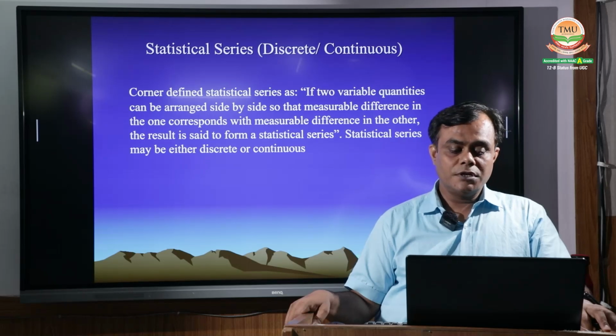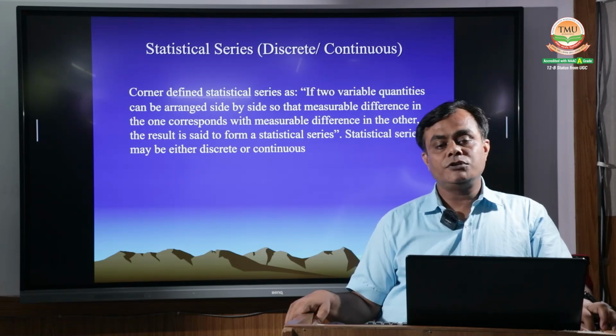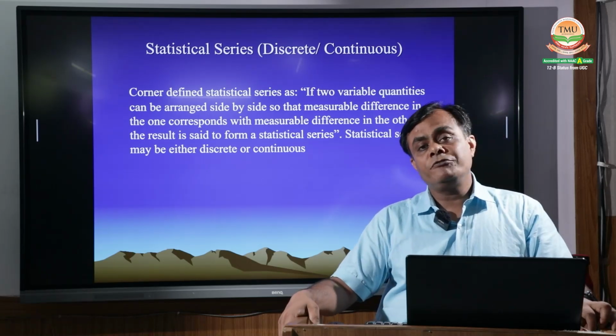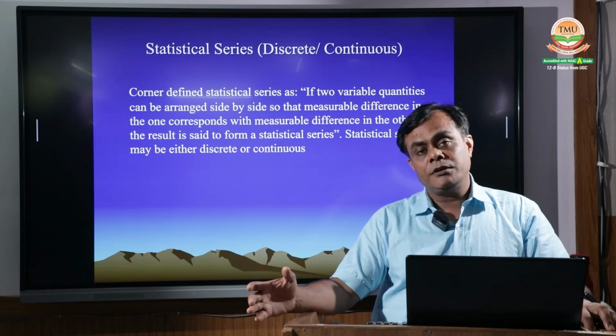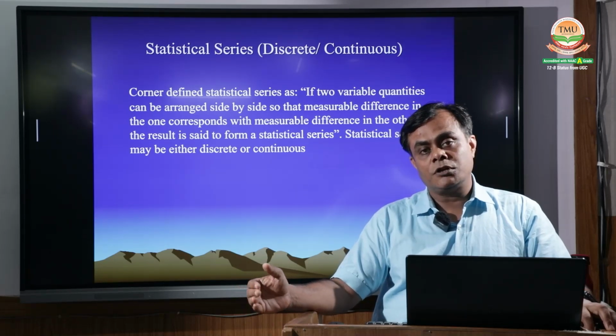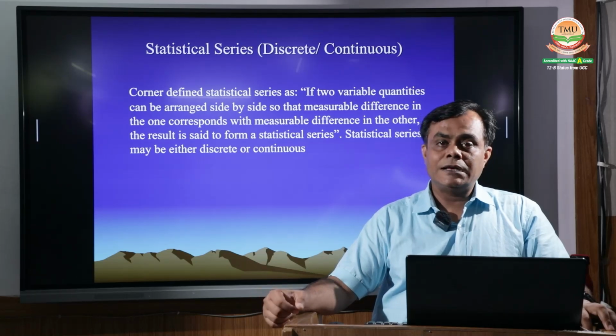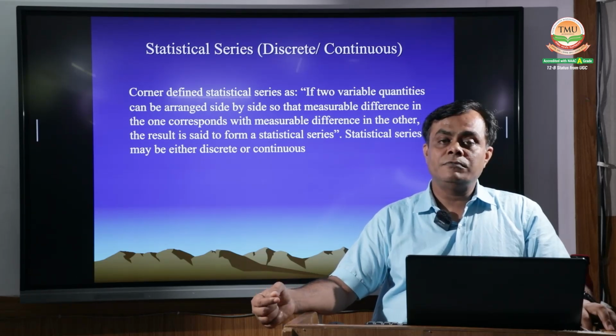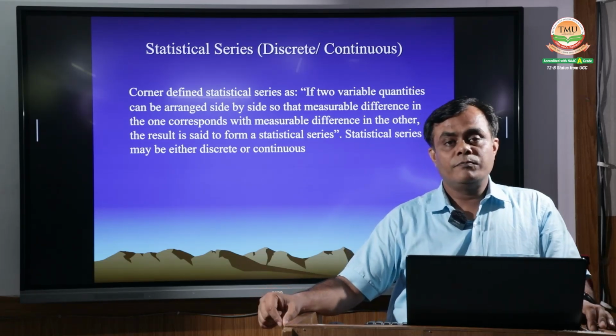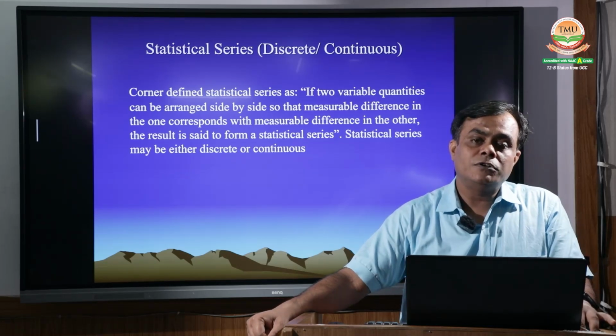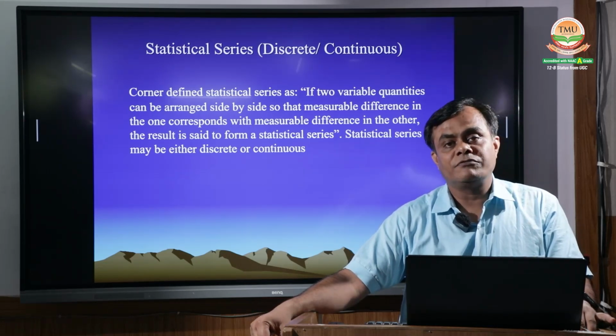A statistical series may be either discrete or continuous. If we arrange variables on the basis of a series or sequence, it is called a statistical series, and that all depends upon the characteristics of the variable.